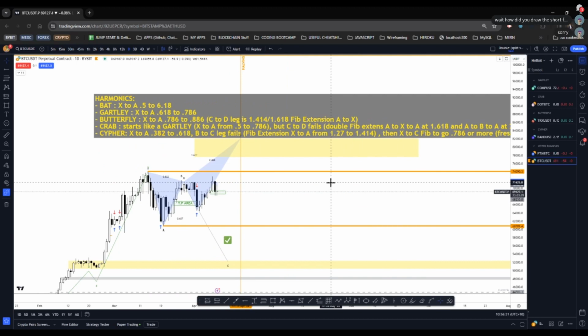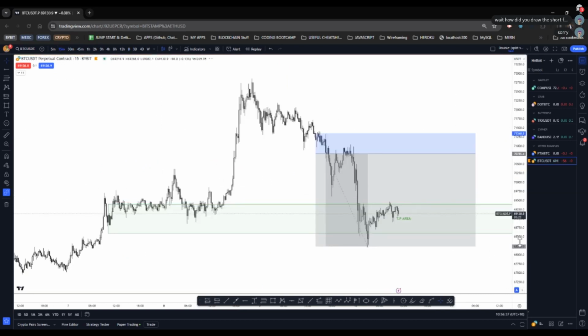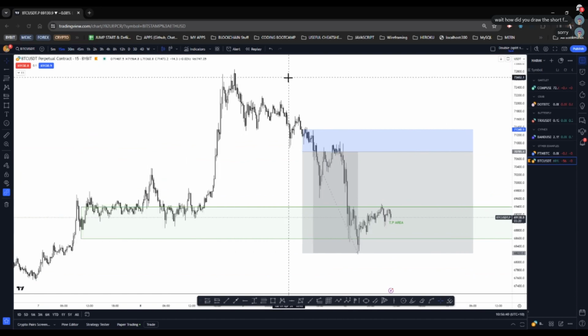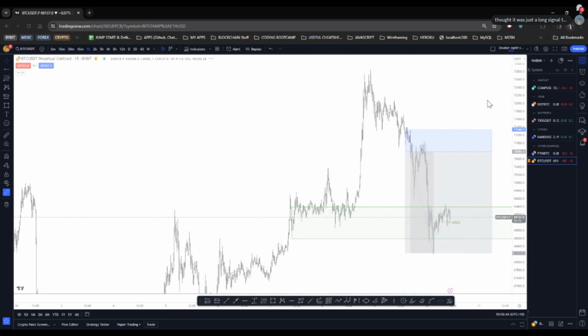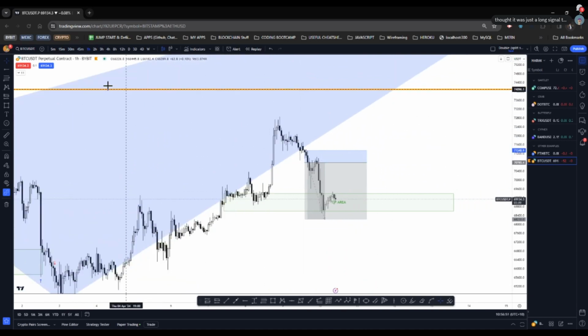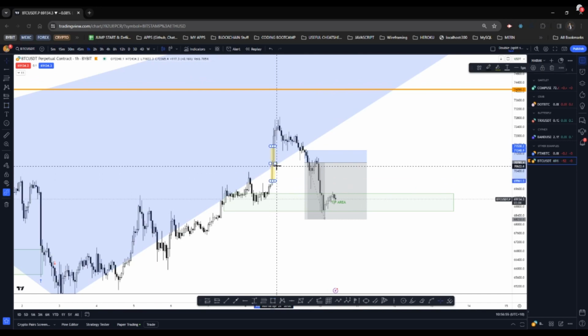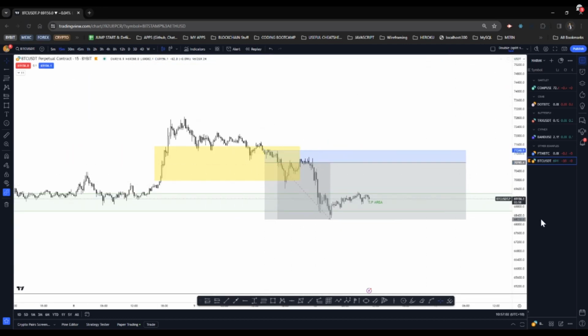How did you draw the short from that? Great question. This was a short that I actually put on the alpha the other day. I took it because I saw this liquidity being snapped, and then I saw these huge imbalances down here, so I knew that they were going to need to be mitigated. I was actually late to the short, to be honest.